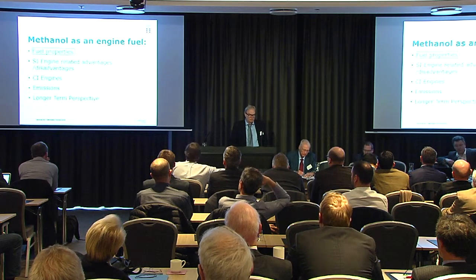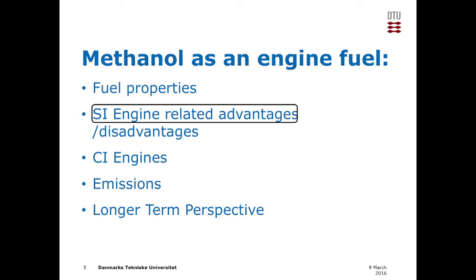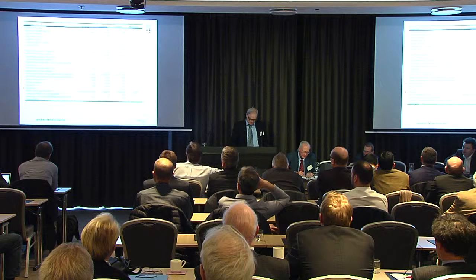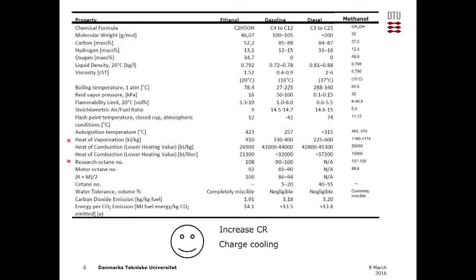starting with fuel properties. Here you have something that you probably can't read, but it's the fuel characteristics of ethanol in the first column, then gasoline, diesel, and methanol in the last column. Concentrate on the red spots because those are the characteristics that I'm going to talk about.